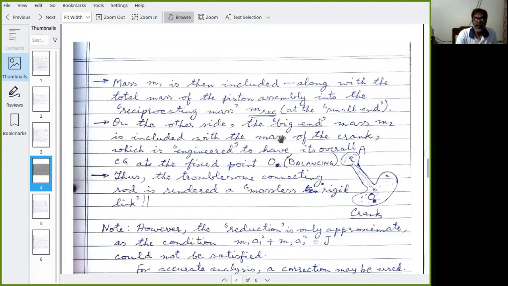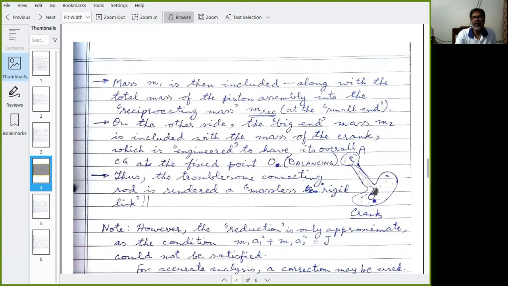On the other hand, the big end mass M2 you include with the crank, and the crank is actually manufactured with a certain shape with a counterweight on the rear side, so that the total weight of this crank, including the big end mass of the connecting rod here, the whole thing is so organized that its CG falls at the fixed point.